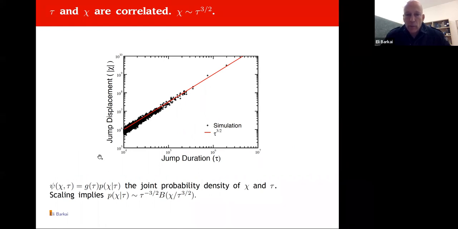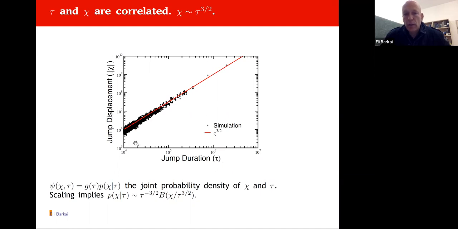I take my computer, I generate with my Langevin equation, with the Gaussian noise, some trajectories. I look at the duration of the time between zero crossings, this is this τ, and I look at the displacement between zero crossings.